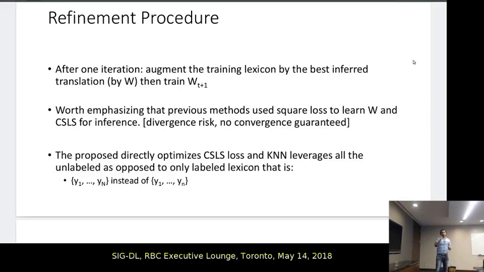So the word that is, for example, closest in the target domain to the intended word in the target domain, you take that, you add it to your training set. So like any semi-supervised method. And then you iterate over. Okay, we'll talk about those soon.